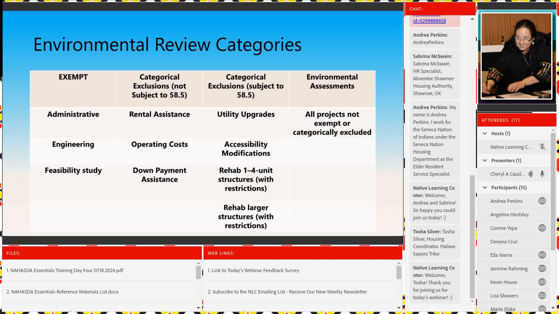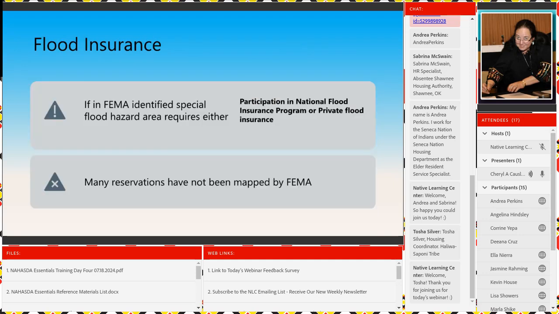You have exclusions subject to 58.5, which is if you do utility upgrades, accessibility modifications, rehab of 1 to 4 unit structures with restrictions, rehab of larger structures with restrictions. And then you have those that need that full-blown environmental assessment. All projects not exempt or categorically excluded, you have to make sure that that environmental assessment is done.